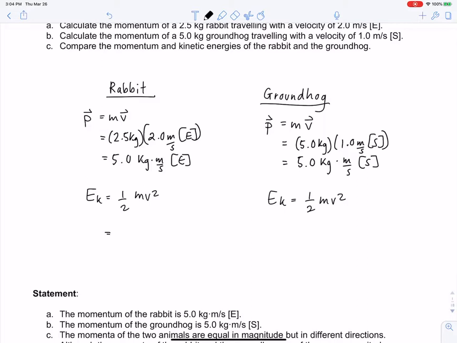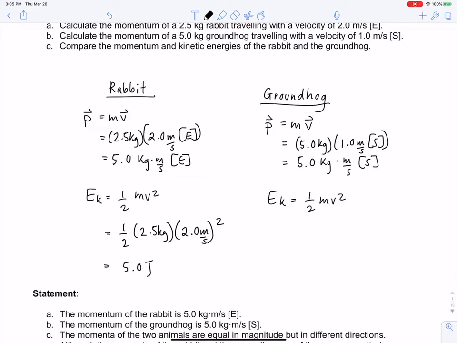Let's find the kinetic energy of the rabbit. Note, we do not need to put in the direction for the speed in this example because kinetic energy is a scalar quantity. If we compute this in our calculator, we end up with 5 joules of kinetic energy.